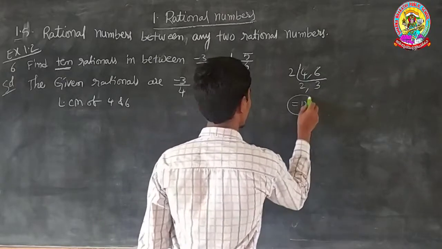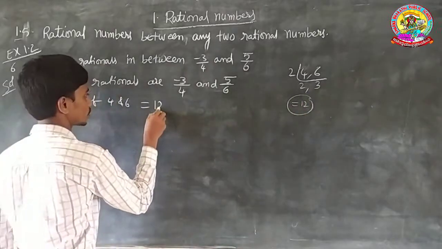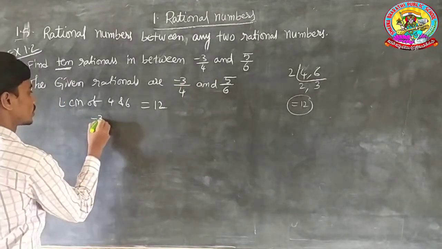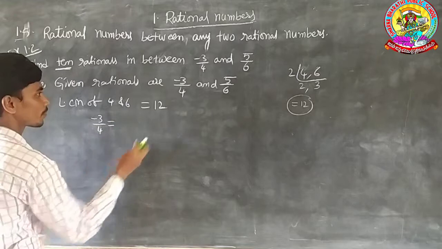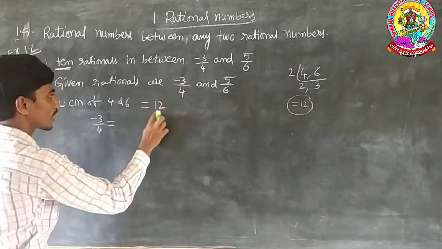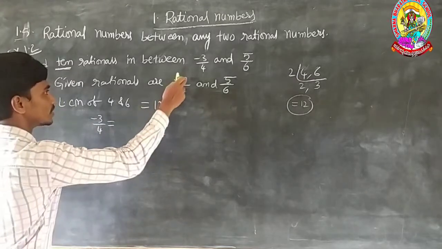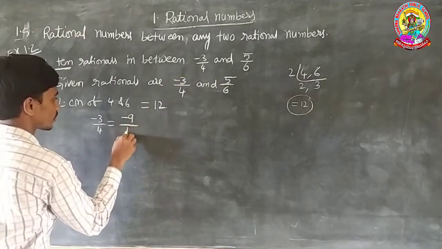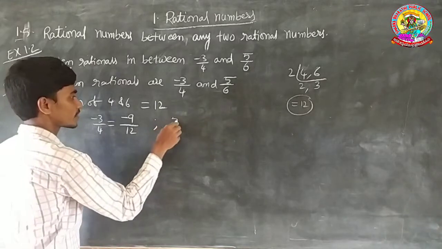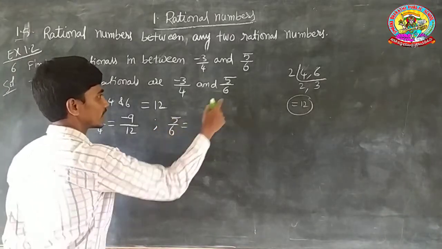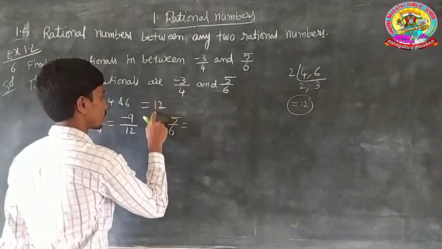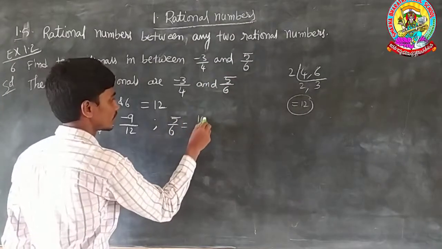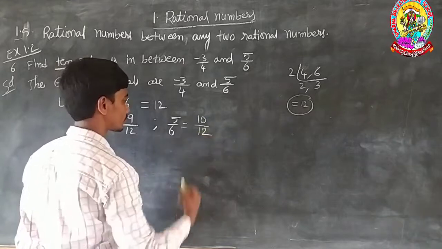The LCM would be 12. So -3 by 4 is equal to, in the fourth table, 12 cancels by 3 times. 3 3s are 9, so -9 by 12. And 5 by 6 turns into, in the sixth table, 12 cancels by 2 times. 2 5s are 10, so 10 by 12.